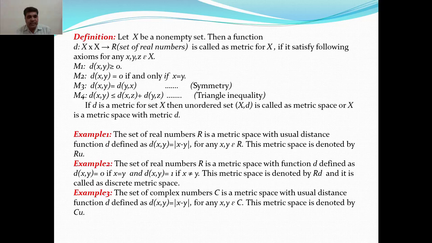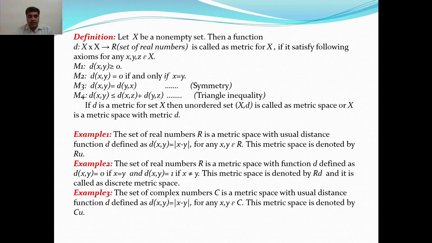This metric is called the discrete metric for the set of real numbers. In fact, if I consider such a function defined on any non-empty set X, then it also satisfies all the axioms of metric spaces, and hence the non-empty set X together with the function d of xy is 0 for x equal to y and d of xy is 1 if x is not equal to y is a discrete metric space.